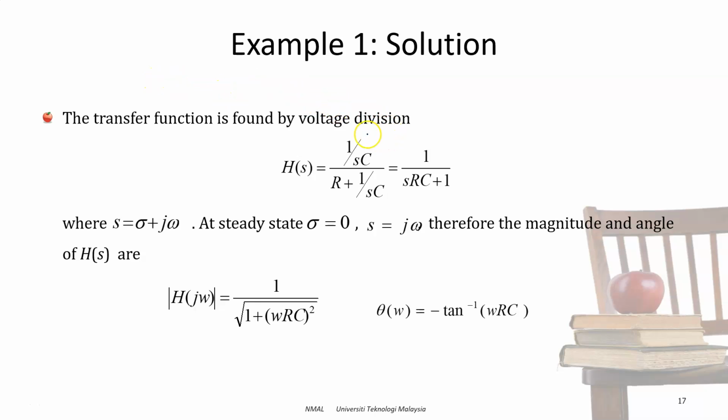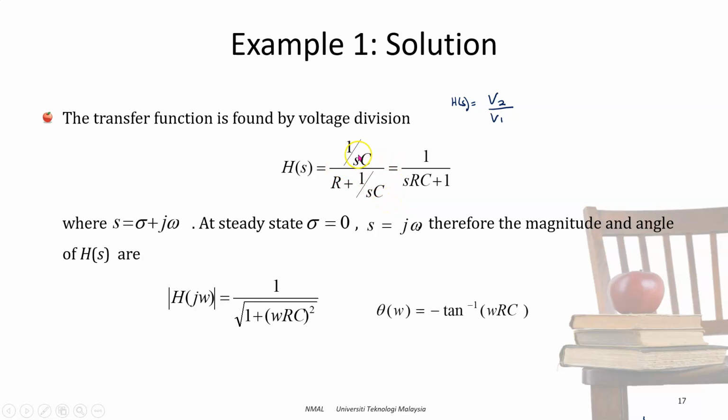Remember that H(s) is V2 over V1. V2 is the voltage across the capacitor, which is defined as 1 over sC, and V1 is R plus 1 over sC.